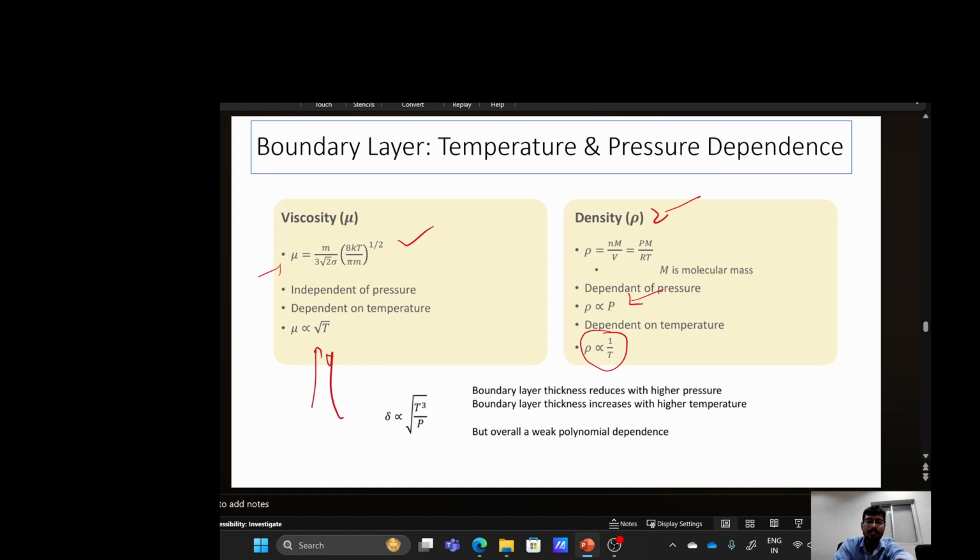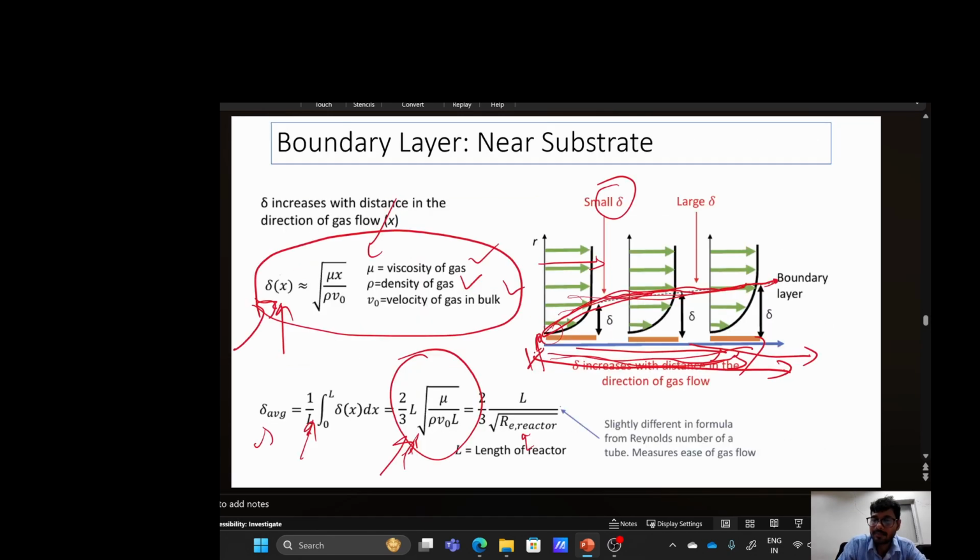So this delta is dependent on the pressure. One thing I want to tell you is, if the pressure is higher in this region, there will be more flow and the velocity will be higher.